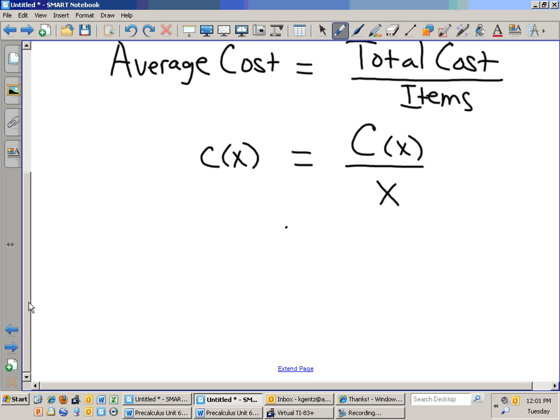Minimize cost, okay? And minimum values, how did we find minimum values using differential calculus? When in doubt, take the derivative, and minimums occur where the derivative is equal to 0. So let's just think about this. We want to minimize the average cost of production. So I take the derivative and set it equal to 0. Let's do that.